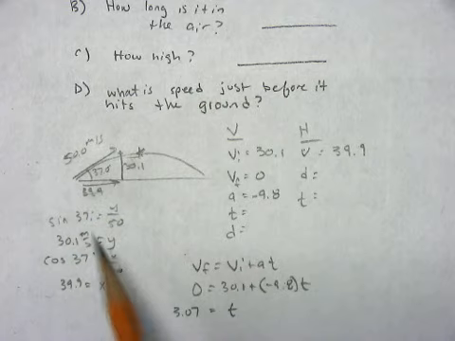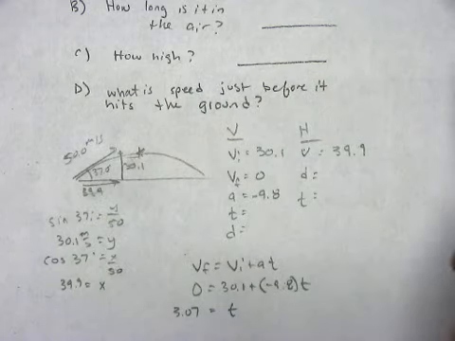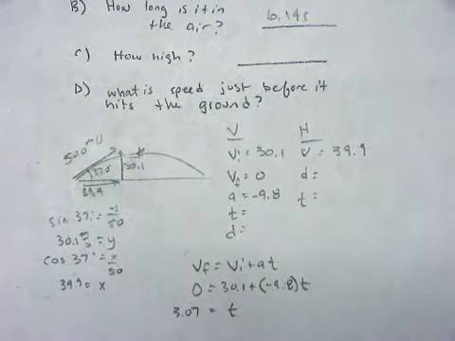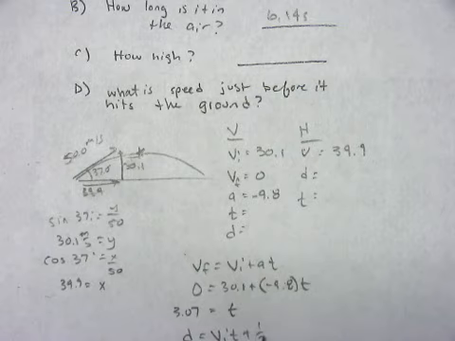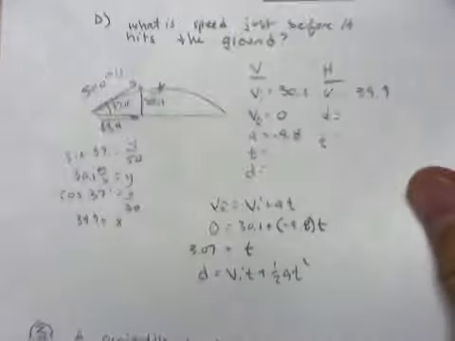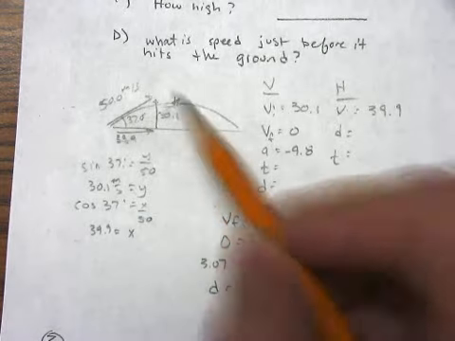So how long is it in the air? That's 6.14 seconds. How high does it go? I'll plug it into this equation, because it's how high is a vertical distance.